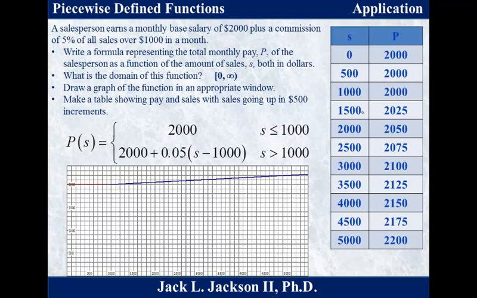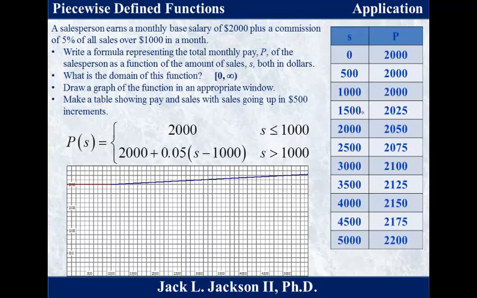So this is going to be going up in $25 increments on the table over here. If I were going up in $1 increments on the sales, then we would be going up in 5-cent increments on the pay. Okay, and so now you can see that in the table and in the graph. So there's an example of a real-world function.